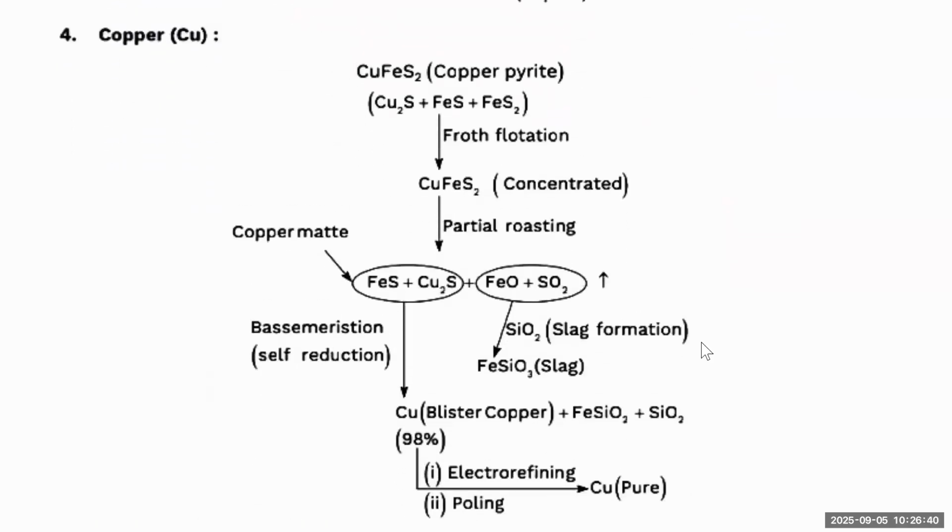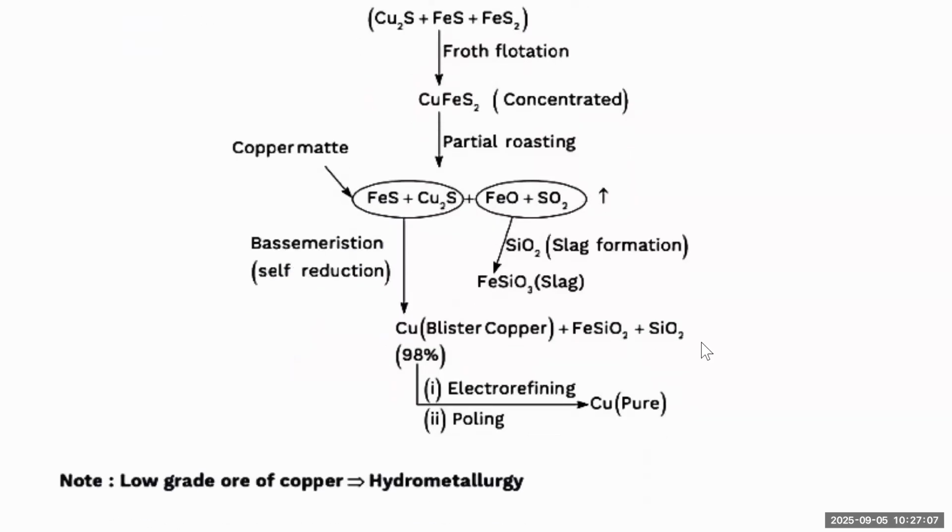Copper comes from copper pyrites, Cu2S, FeS, and FeS2 mixture. Through flotation, we can get the concentrate. Then we do partial roasting. Through partial roasting, we can get FeS plus Cu2S plus FeO plus SO2. And FeS plus Cu2S can be done by self reduction here, which is bessemerization.